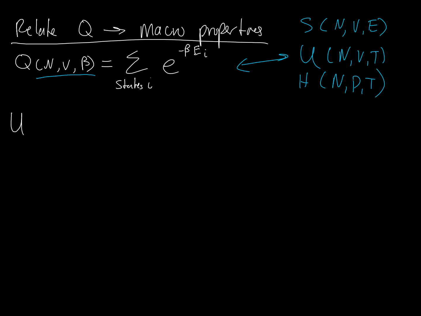So we're going to say the internal energy is going to be equal to the average energy. And this is really common notation you'll see, the brackets being an average. So we can write that by saying we're going to take a weighted average of the energy and multiplying it by its probability.